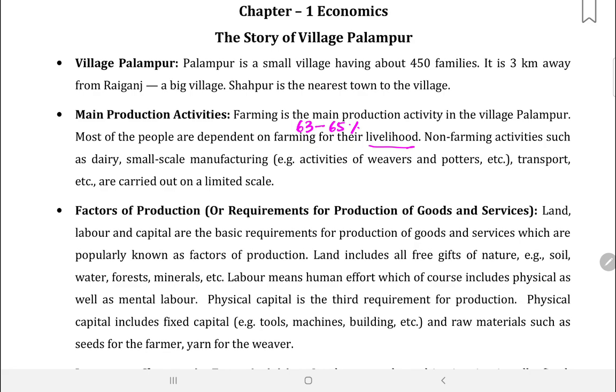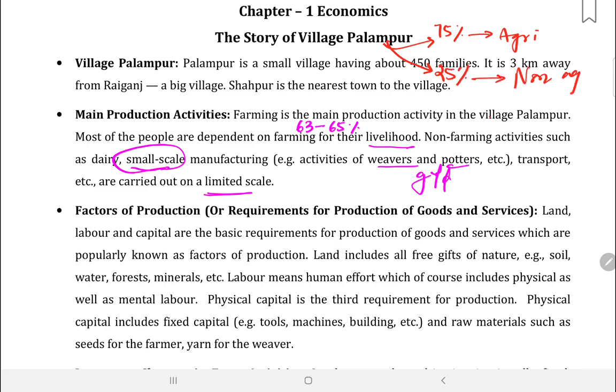Non-farming activities are carried on a small scale, even in other parts of the country, and more specifically in the village Palampur, like weavers, potters, goldsmiths, milkmen, etc. In Palampur, 75% are engaged in agriculture, and 25% of people are in non-agriculture related professions.